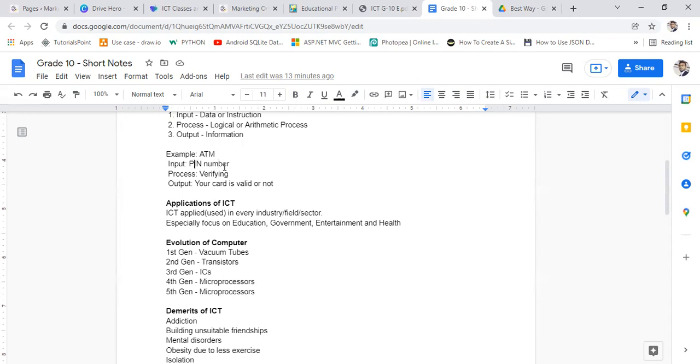So the input is that we are entering the PIN number of the card. It's an input. It's data. PIN number is data, and we are inputting it, and it will be processed.